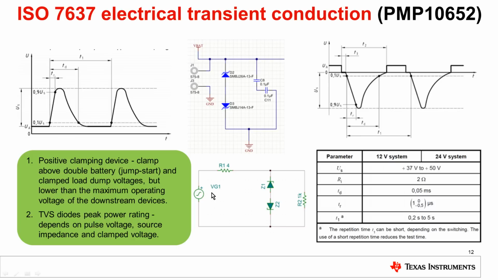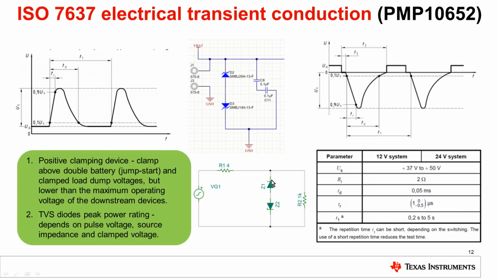Further, we need to know now the power rating of the TVS here. You can easily simulate this transient here. Now the VG1 here can be a 50 volt source with a source impedance of 2 ohms. First of all, we need to calculate the current which is flowing in the TVS here.